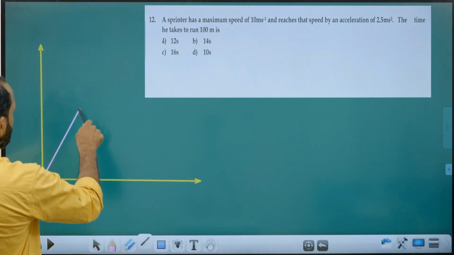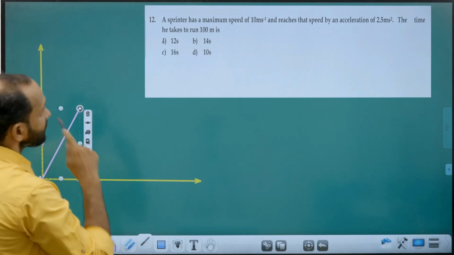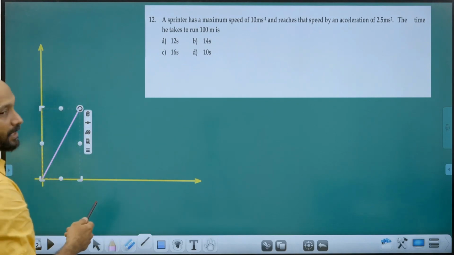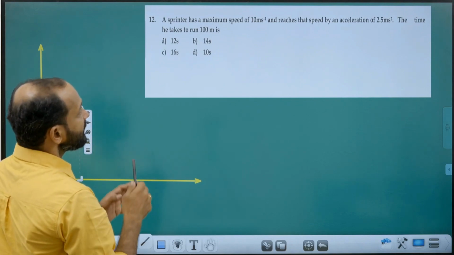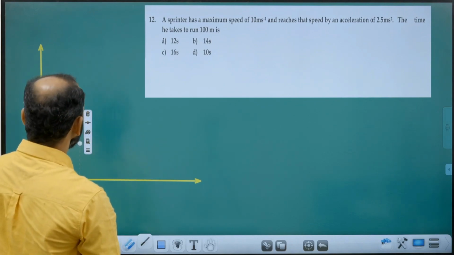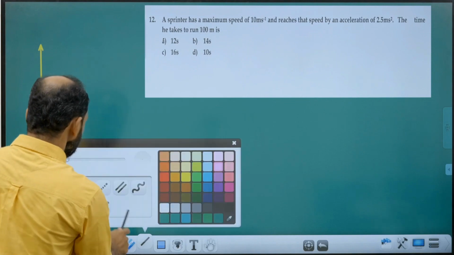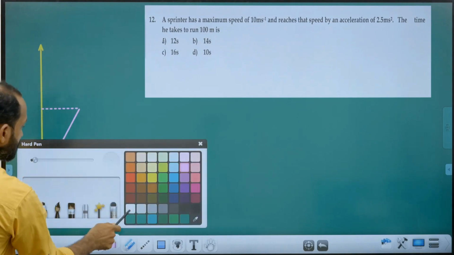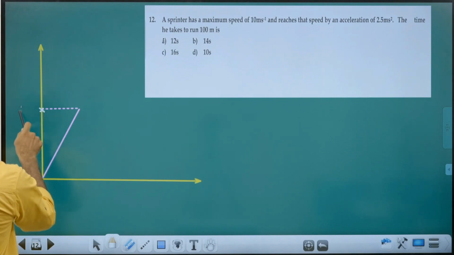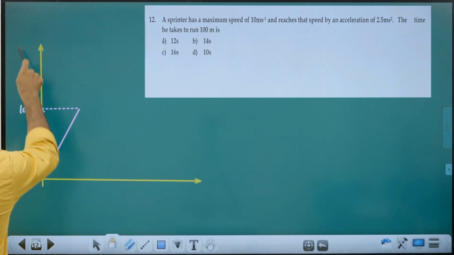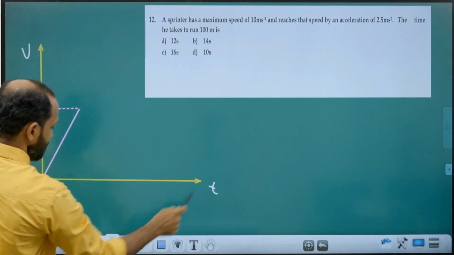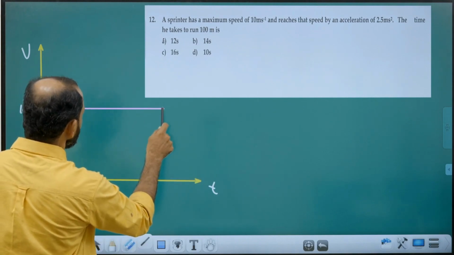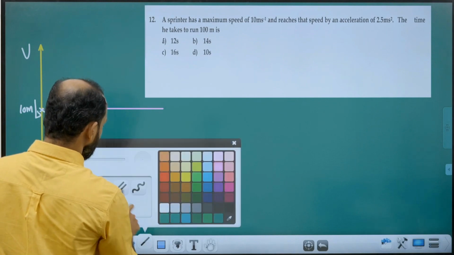This happens at the beginning: in the first few seconds, it accelerates at a rate of 2.5 meters per second squared and gains a speed of 10 meters per second. This is the velocity axis and this is the time axis. Later on, it goes with constant velocity.